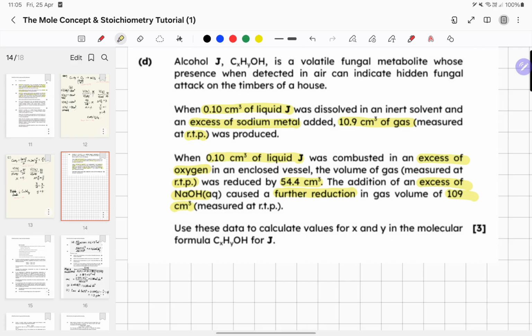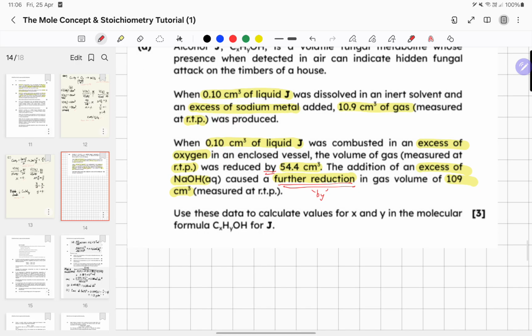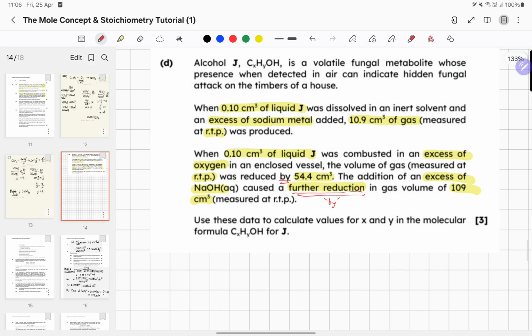Notice the phrasing over here, 'further reduction'. This is also indicating that the volume decreases by 109 cm cube. Then they tell you to deduce the molecular formula.